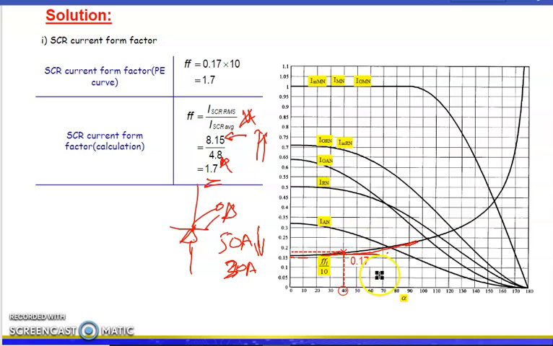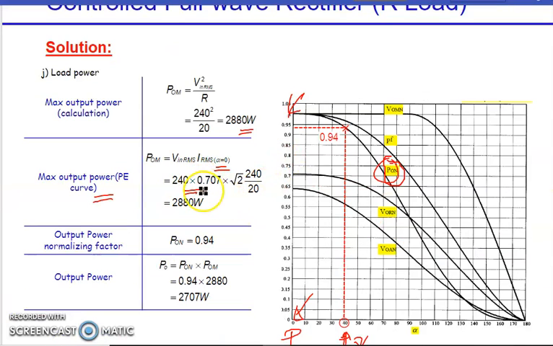This is I in maximum normalized, I in RMS normalized 0.71, or 0.707. So 240 times 12, we get 2880.